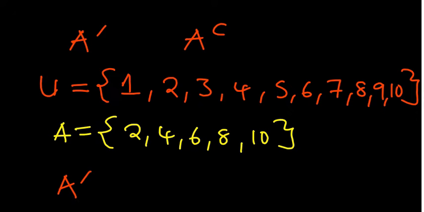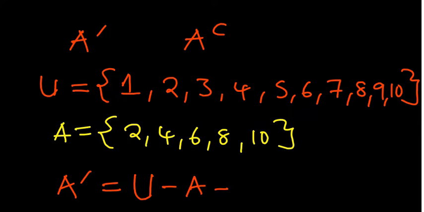A complement basically means the elements outside a given set, but within the universal set. In other terms, you can think of the complement as the universal set that you have, with the elements in that set removed. So it's more like what elements are outside A, but are still within the universal set.